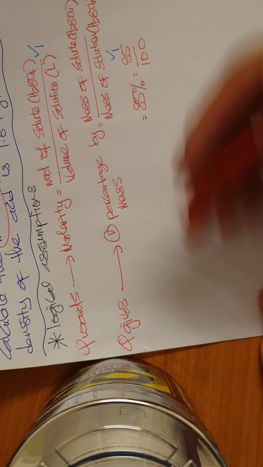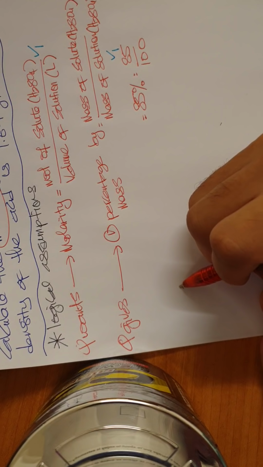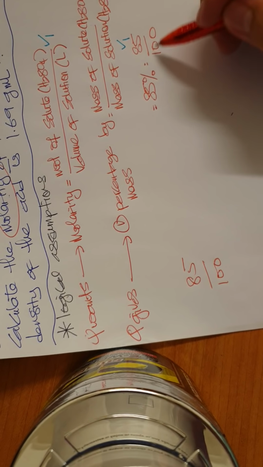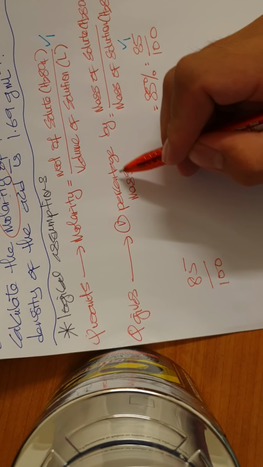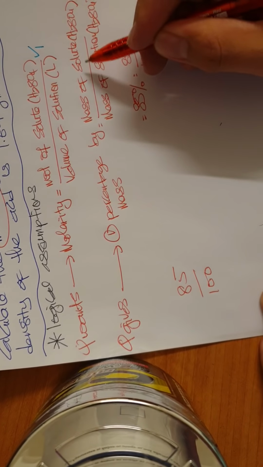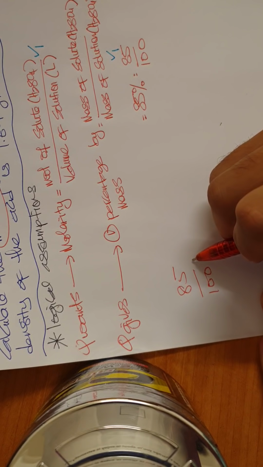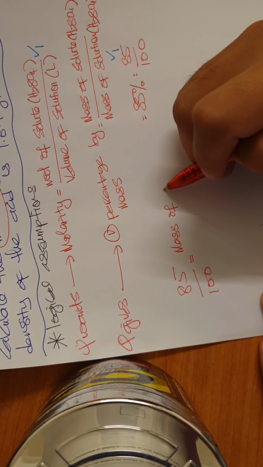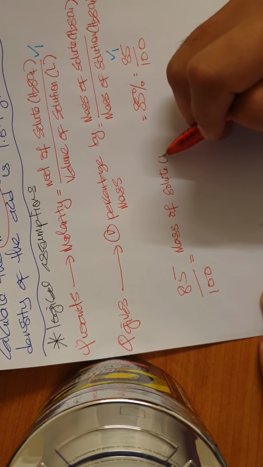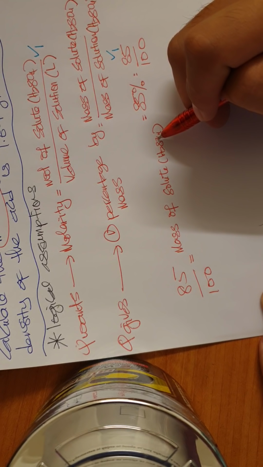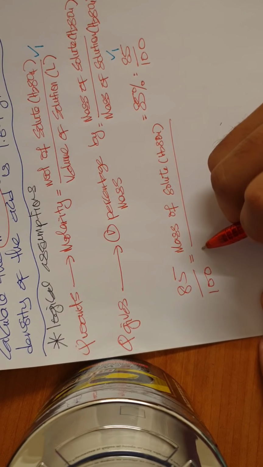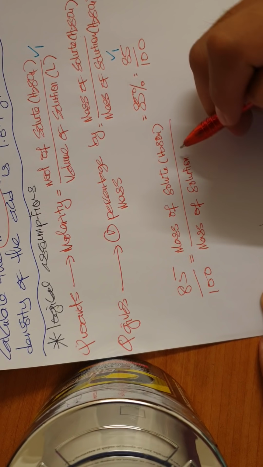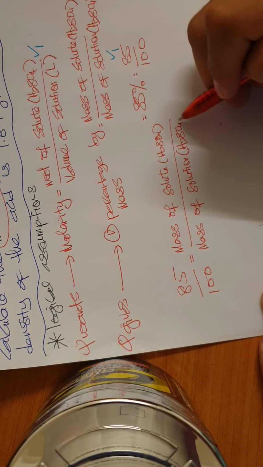So how are we going to make that assumption? Okay, so I'm going to write this again. 85%. See if you agree. 85 over 100. This is percentage by mass, this is the definition. So if we compare that side by side, mass of solute H2SO4 over mass of solution H2SO4.